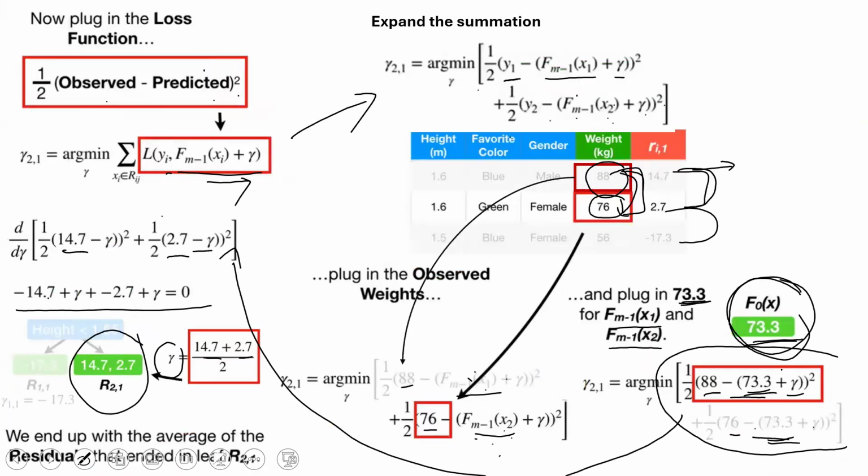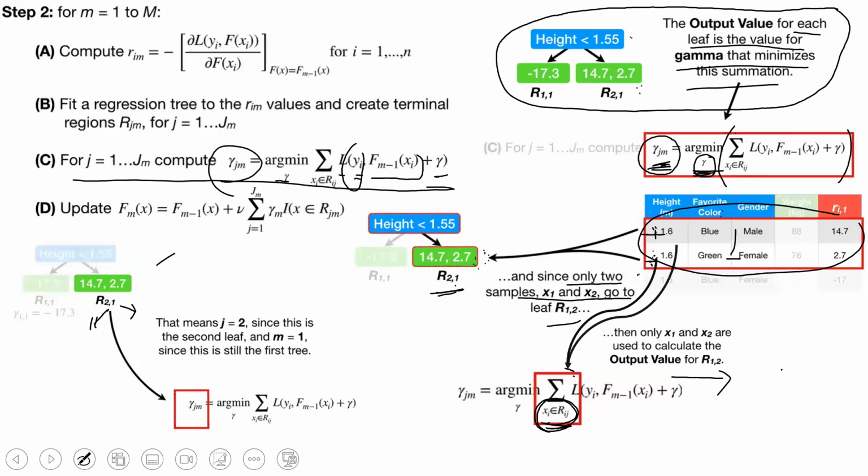It's a three-step process with the input. In the first step, you make an initial prediction, which is f naught of x. In the second step, you iterate for m equal to 1 to m. Here, in every case, you calculate the residuals, and then you construct the regression trees.